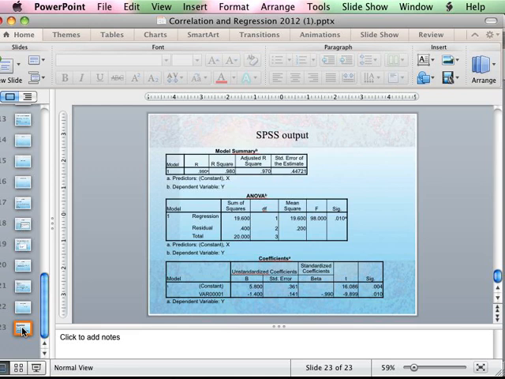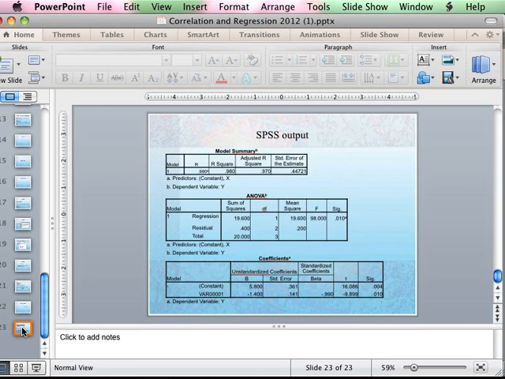Conceptually, regression is still the stuff that I am accounting for, and residual is the stuff I'm not accounting for. So the F ratio is still a variance of things I can explain over the variance of things that I can't explain. I also get my coefficients, and we'll spend some time talking about these, especially when we talk about multiple regression.